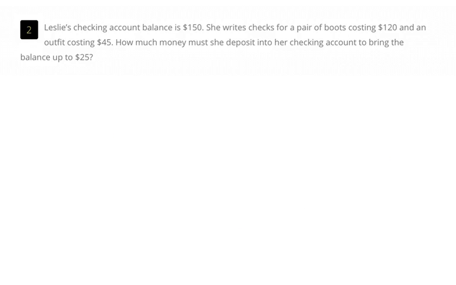Leslie's checking account balance is $150. She writes checks for a pair of boots costing $120 and an outfit costing $45. How much money must she deposit into her checking account to bring the balance up to $25?